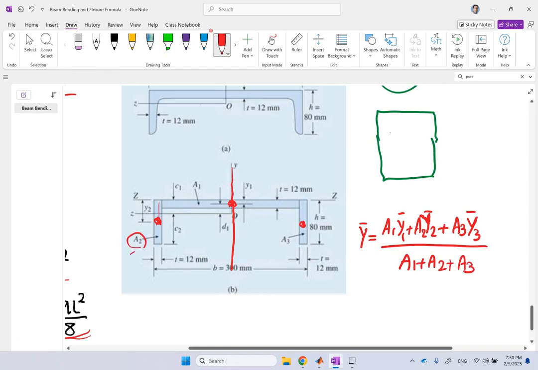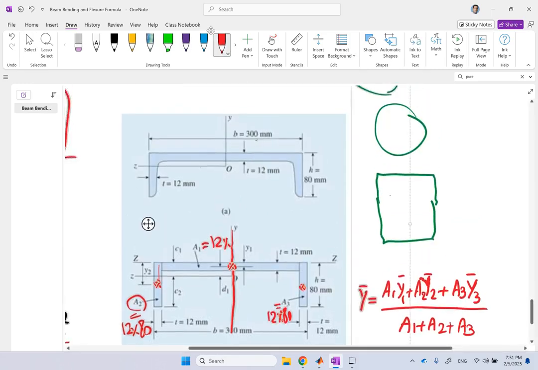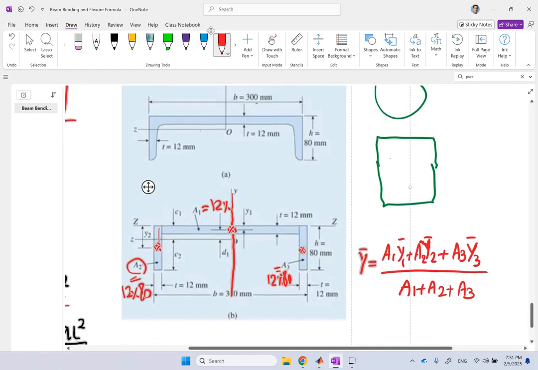So A for this one is clearly 12 times 80. The same for this one. This is also 12 times 80. And for this A1, as you can see, it is basically 12 times this length, which is 300, correct? Minus 2 times 12.